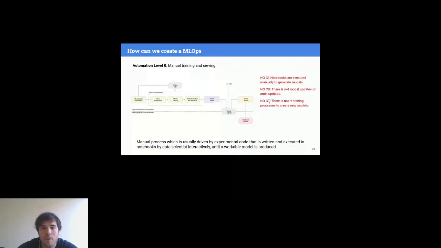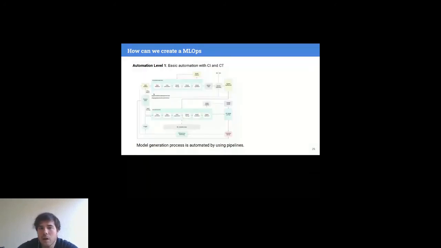Now we have all the process that we saw before, and all of this process, from data collection to serving the model, is inside a pipeline. This is the basic element that we introduce in machine learning operations, the concept of pipeline, which allows us to define all the process that we are going to execute. And this pipeline is updated in the machine learning operation system manually.